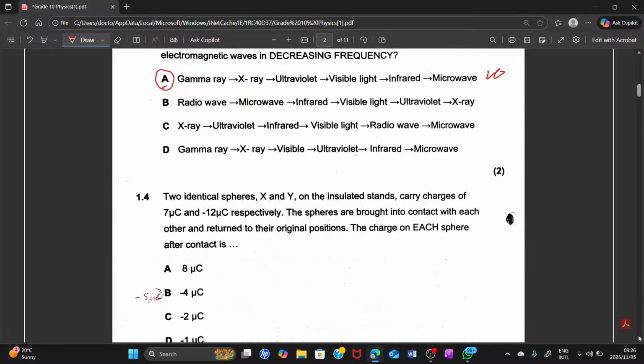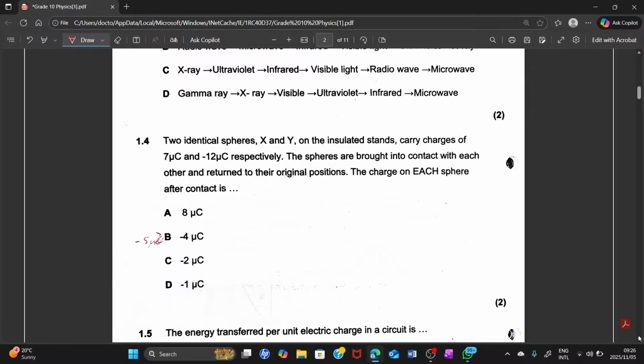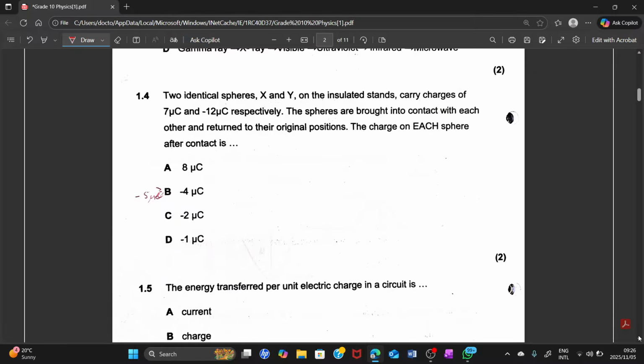Now let's go to the next question. 1.4. Two identical spheres, those are charges X and Y, on insulated stands, carry charges of 7 coulomb and negative 12 coulomb respectively. The spheres are brought into contact with each other and returned to their original positions.